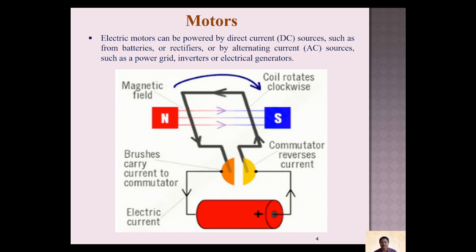That can be captured and stored in the battery, then the battery will have the power. So an electric motor can be powered by a direct current source such as batteries and rectifiers, or by alternating current sources such as the power grid, inverters and electrical generators. So that is how it will function.